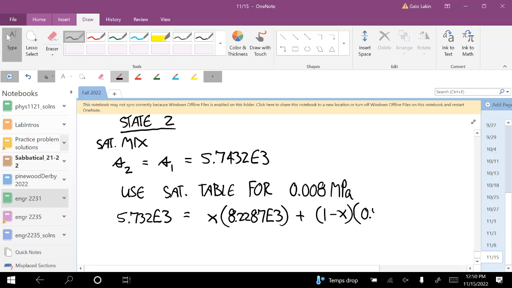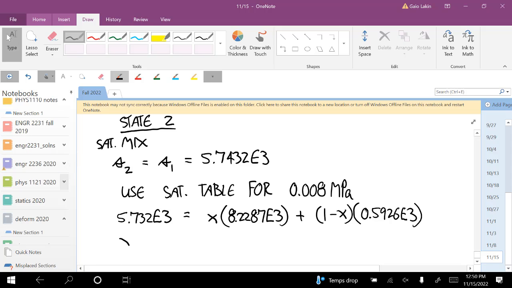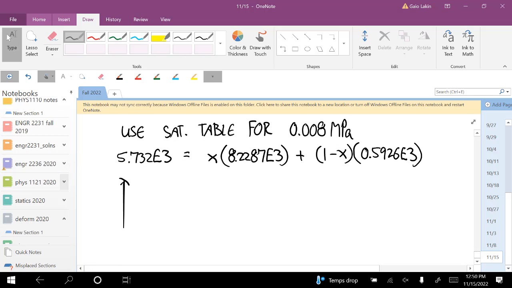So that's 0.5926 times 10 to the third. And that lets us calculate that quality. So X is equal to 0.6745.